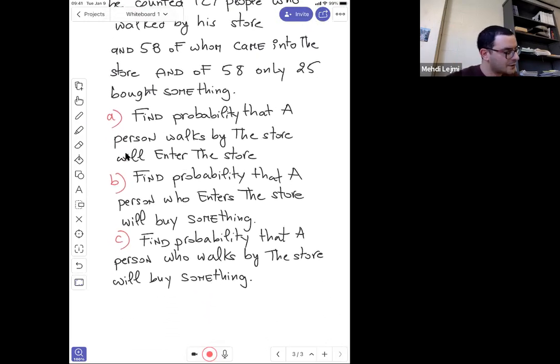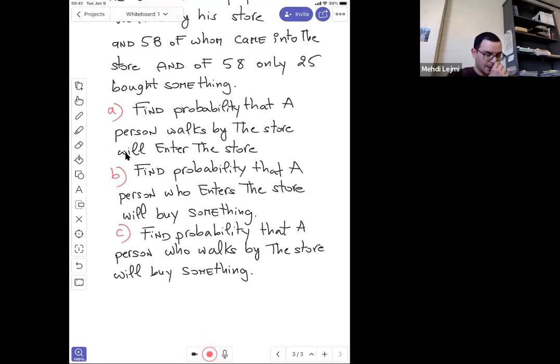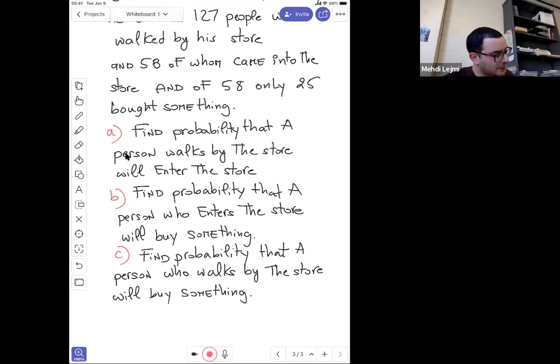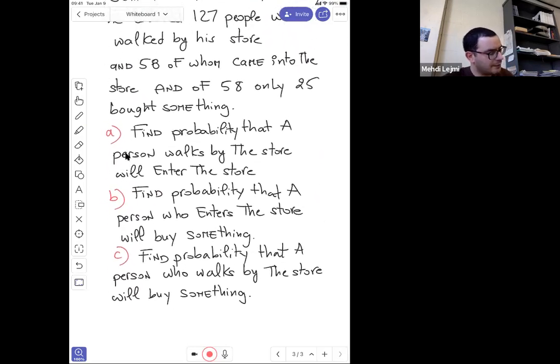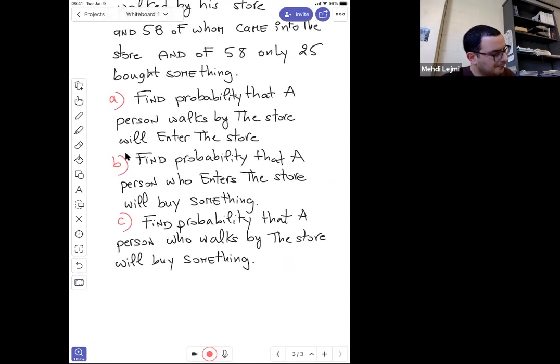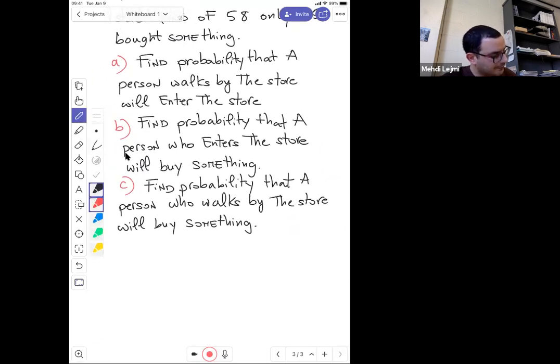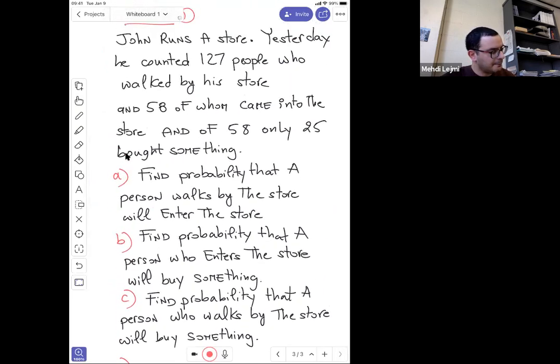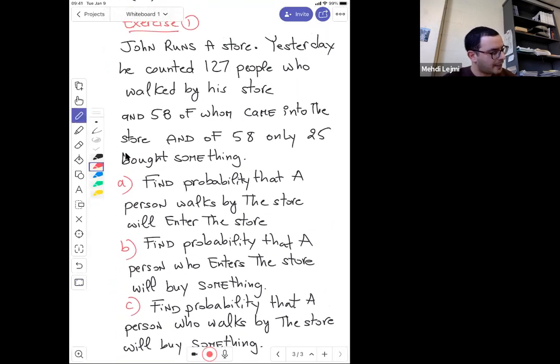Okay, so let's do this exercise together. I'm going to try to explain A, B, and C. So let's start with A. First thing, we need to find what's the event in A. In A, we need to find the probability that a person who walks by the store will enter the store.